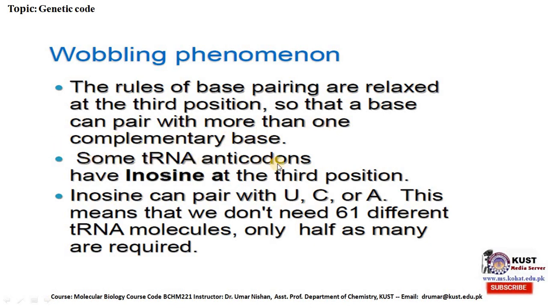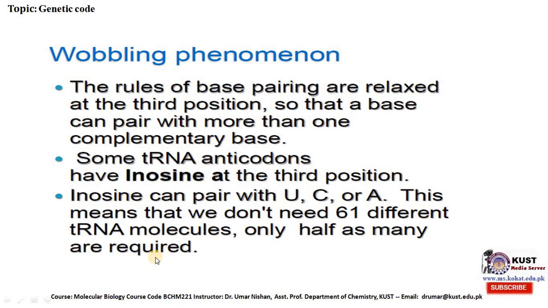Some transfer RNA anticodons have adenosine at the 3rd position. Adenosine can pair with U, C, or A. This means that we don't need 61 different transfer RNA molecules. Only half as many are required.